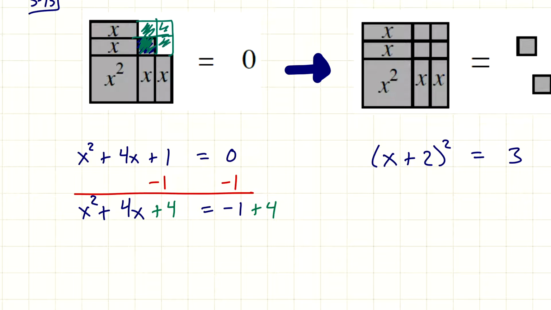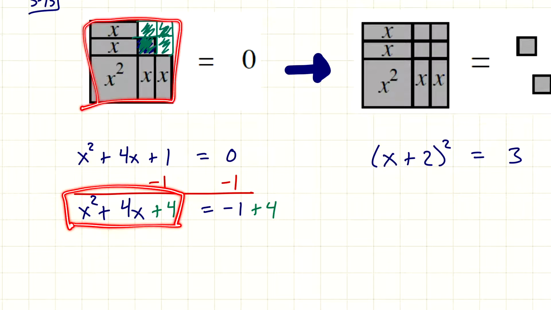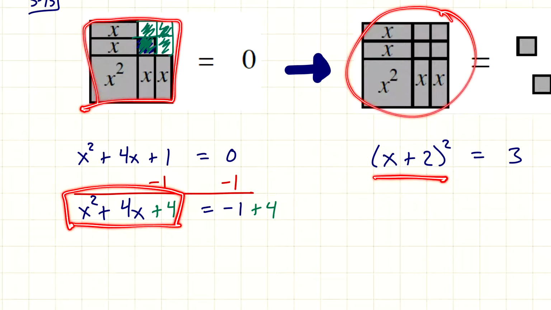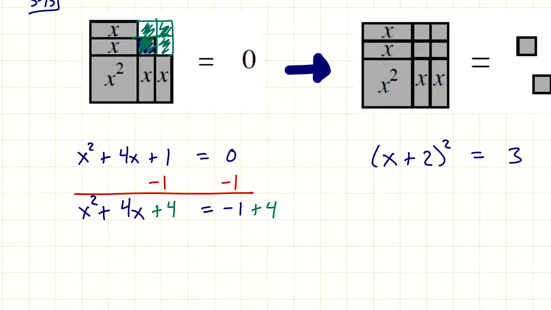What I notice now is this x squared plus 4x, that represents this complete square, which from this picture is the same thing as x plus 2 squared, which we could actually factor to x plus 2 and x plus 2.